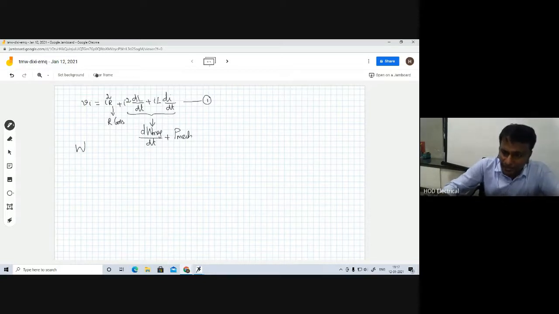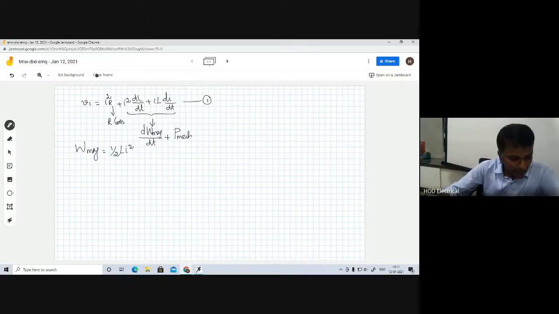Already we have derived the equation of magnetic field energy, that is equal to half L I squared.